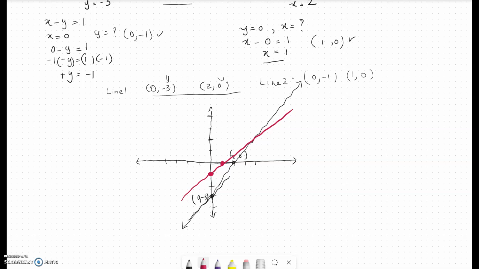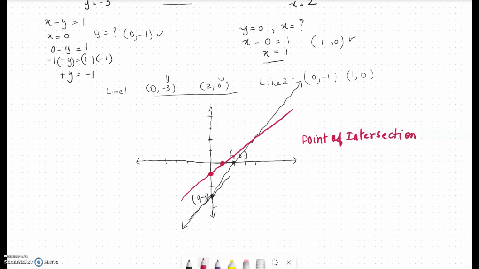So roughly 1, 2, 3, 4, and it's not very accurate here, but when you do this on your system, you should be able to get the exact point, and that point of intersection is what we need to locate, and that would be the solution to this equation.